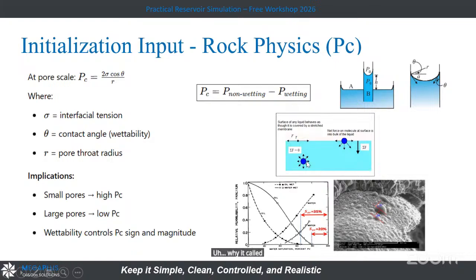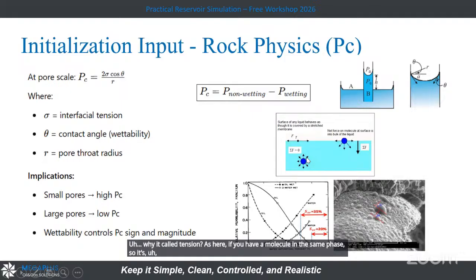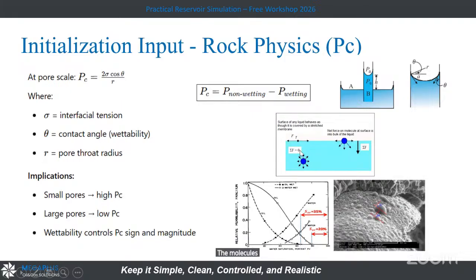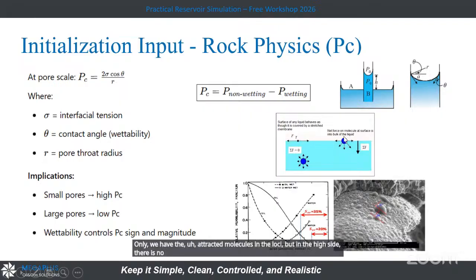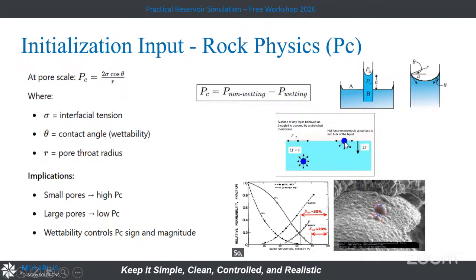If you have a molecule in the same phase, there is no tension on it because the molecule is attracted to the neighbor molecules. But in the case that we have liquid and gas, or liquid and the surface, we only have the attracted molecules on the low side, but on the high side there is no attraction because the phase is changed. So here there is something like tension.